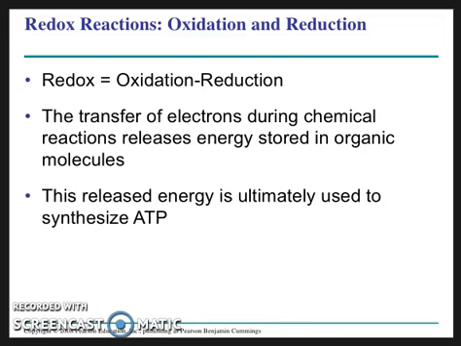So we're going to move electrons during this chemical reaction. We're going to release energy that was stored in those organic molecules. Okay, why are we doing this? Well, ultimately we're going to release that energy, and we're going to use that energy to create ATP.